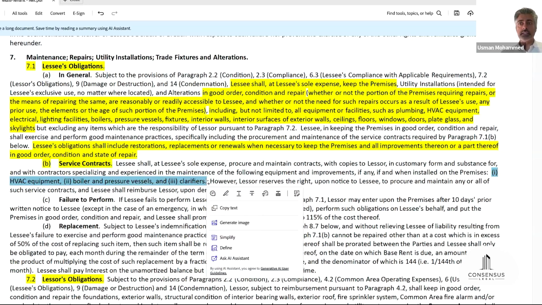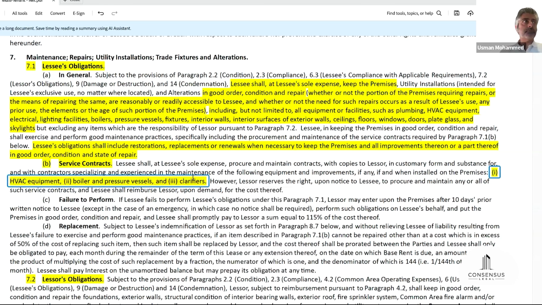When I say multi-tenant leases, I'm referring to the multi-tenant lease net that we're going over, as well as the gross lease. Both leases are the same for purposes of the content of this webinar. So we don't need to go back and forth and compare the two. The concepts are the same.